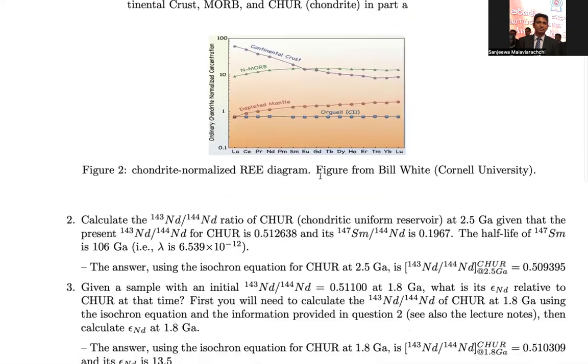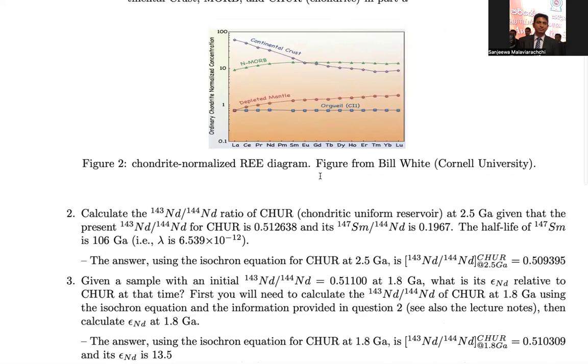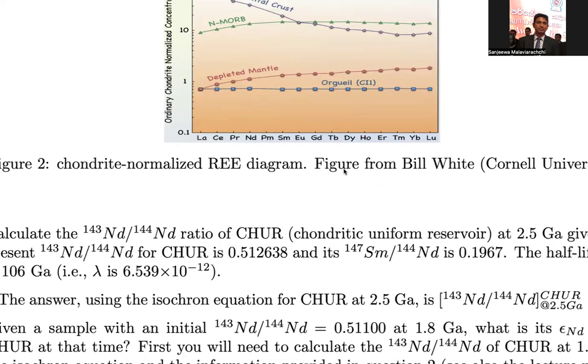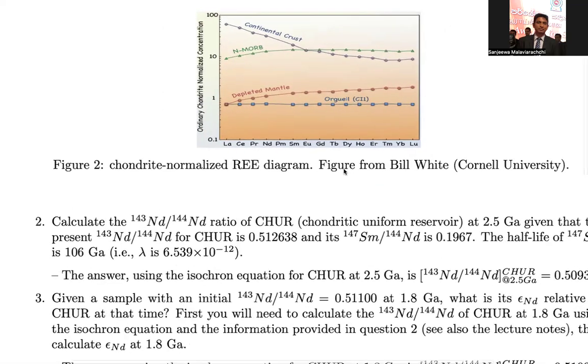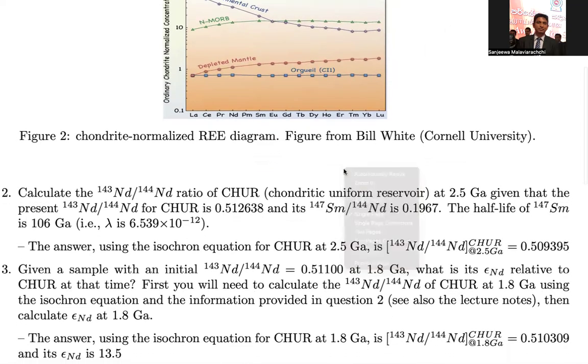That means you are given the present day compositions. Can you write down this question also? Calculate the 143Nd/144Nd ratio of CHUR, chondritic uniform reservoir, at 2.5 Ga.